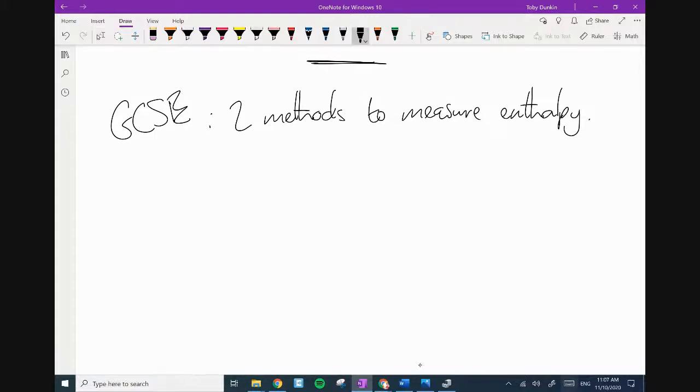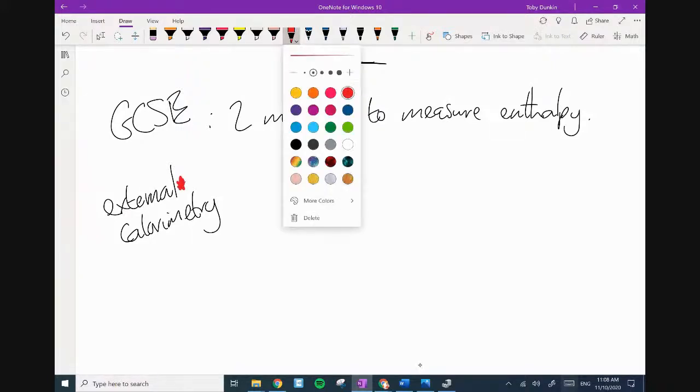It does annoy me. So external calorimetry. External simply means, and I'm going to put this in red and star this, the word external. What is this talking about?